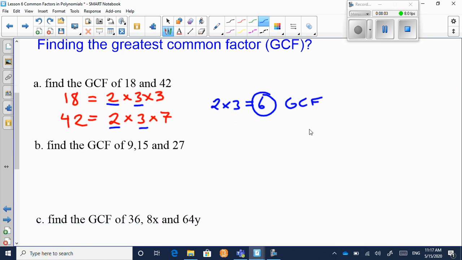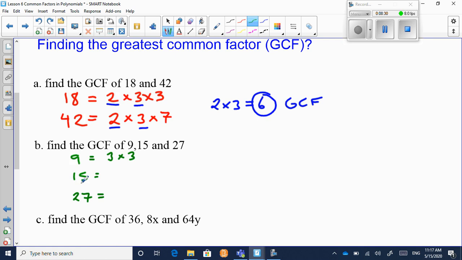All right, let's try 3 numbers now. Okay, so here we go. Let's write 9, 15, and 27. I'm going to try to write them as factors in their lowest terms. So I look at 9, I know that one. That one's 3 times 3. 3 cannot be broken down any further, so there it is.